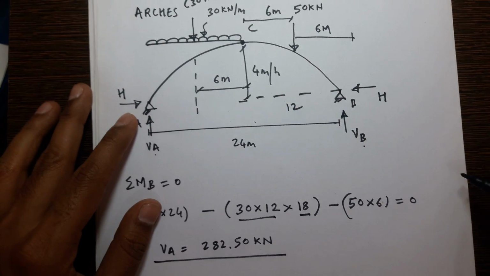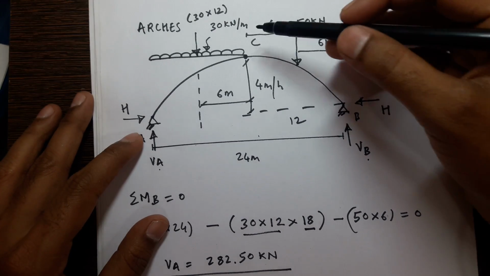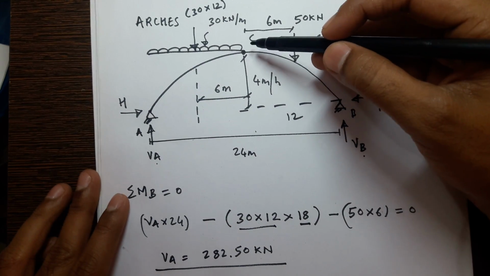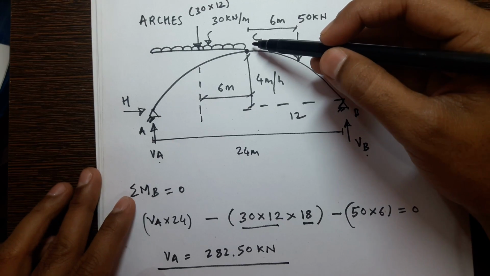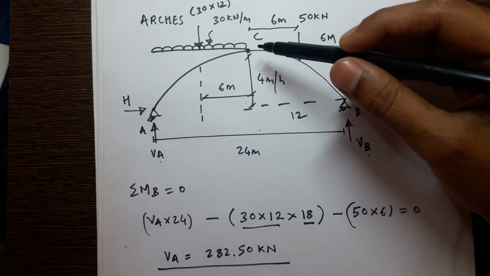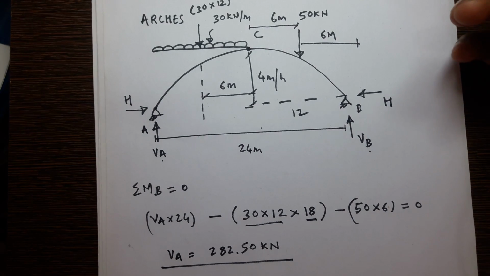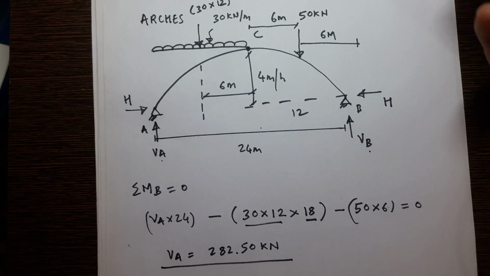How to find this horizontal reaction? We have to take point C, joint C, wherein you have the internal hinge. At the internal hinge the moment is 0, and you can make use of that equation.